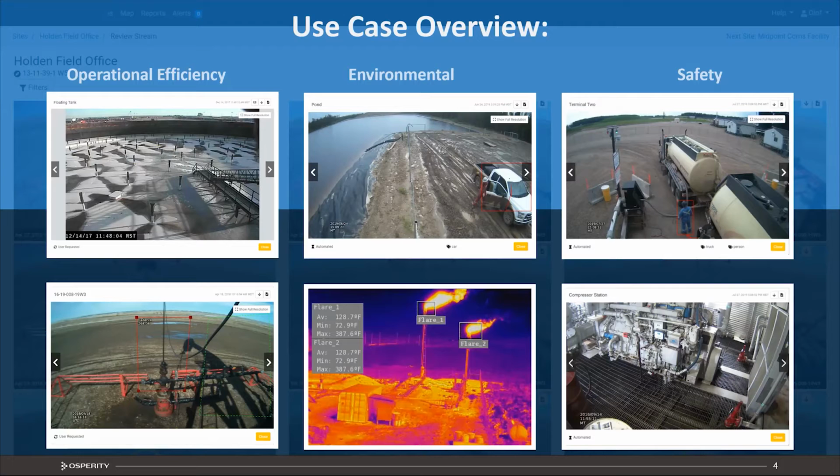So when you look at the top left under operational efficiency, that's a 100,000 barrel tank with a floating roof. What we're actually doing there is eliminating the need for someone to go up when there's snow to determine the snowpack level on that roof. So we're taking the person out of the equation and alerting when it hits a certain point.